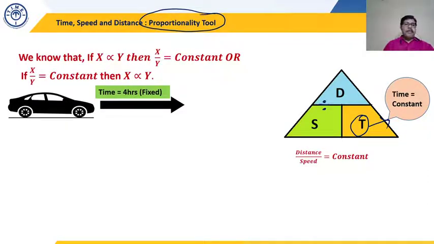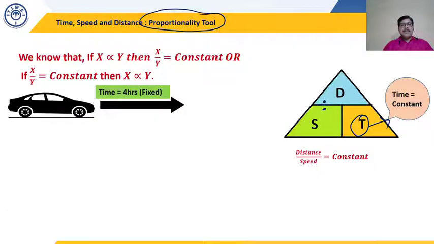Suppose I'm driving a car and the duration of the trip is fixed. Let's say it is 4 hours. So if your time duration is fixed, can I say if I increase my speed, then distance covered will also increase in the same proportion?